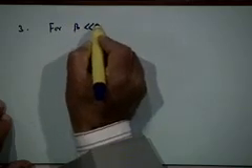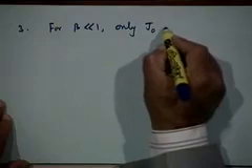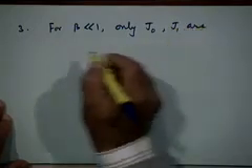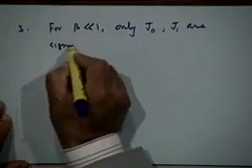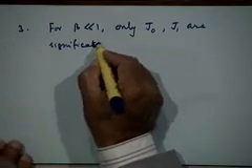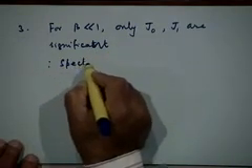Thirdly, we have seen that for beta much less than 1 only the first two terms, or three terms, J0 and J1 are significant. And the spectrum is similar to that of AM.